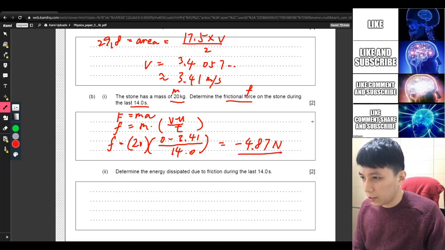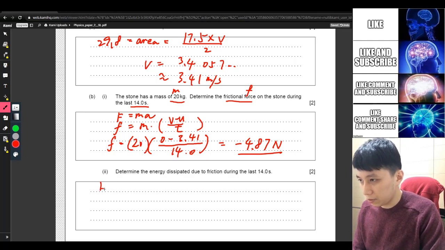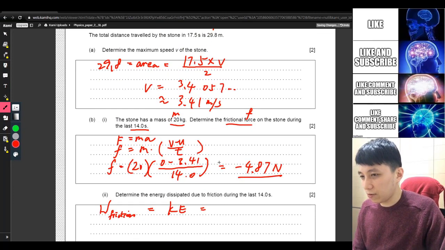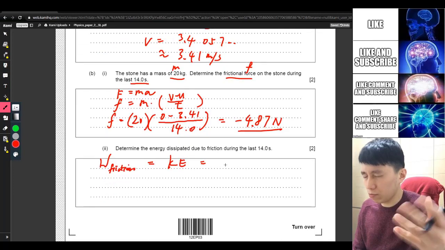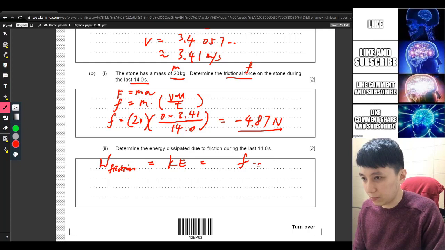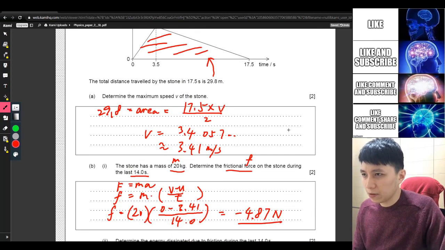Part 2, determine energy dissipated due to friction. Okay, so I would say work done against friction equals KE, because instead of calculating, I mean, you may be thinking of work done, so force times distance, but then is that okay?